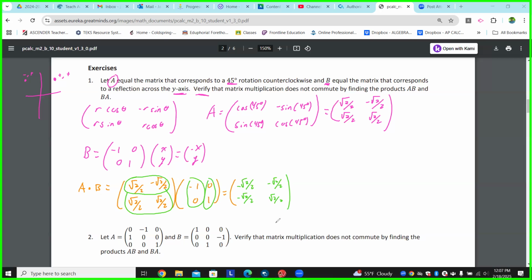Again, what we're going to test is, well, if I would have done B times A, would I have gotten the same answer? So let's mathematically do it to determine that. So my B matrix this time is now negative 1, 0, 0, 1. And matrix A was square root 2 over 2, negative square root 2 over 2, square root 2 over 2, square root 2 over 2. Row, column. What do I get?